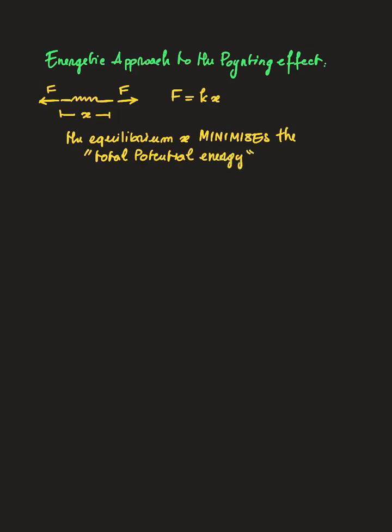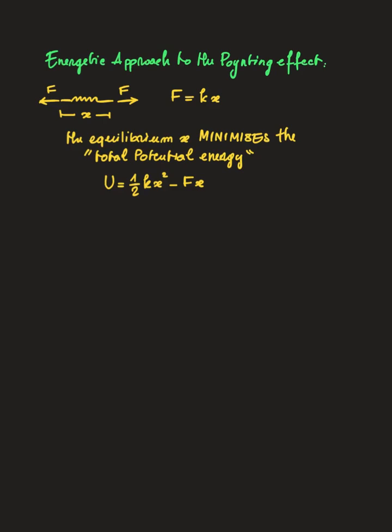So this energy is written as U equal to the elastic energy of the spring, which is equal to 1/2 of kx squared, minus the work done by the force, Fx. You don't have to remember these things. This is just a supplementary thing. I think it is a very nice way to see the Poynting effect.